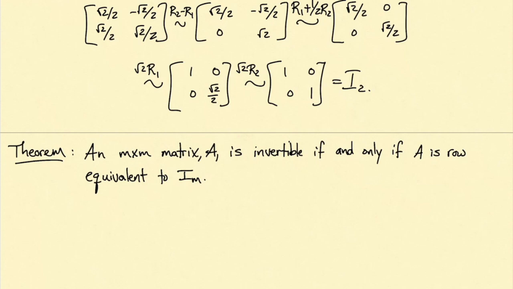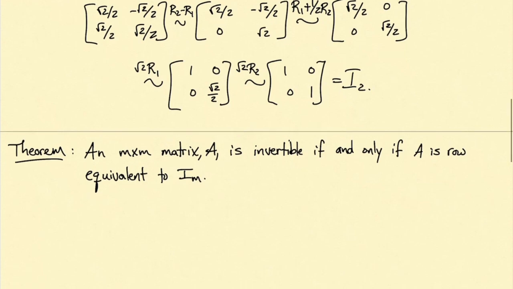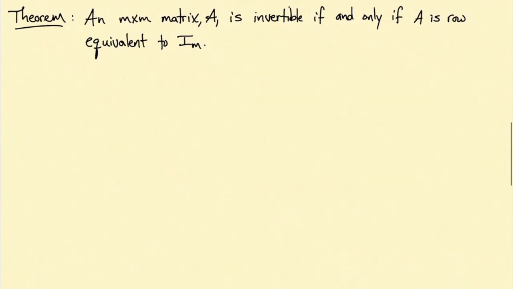So to see how this works in practice, we're going to use our row operations from the last example to construct the inverse of our matrix.